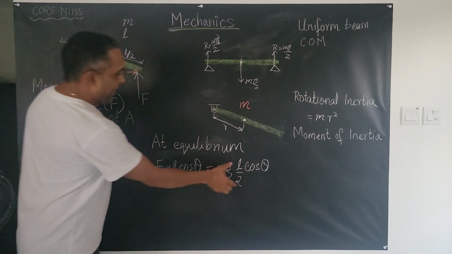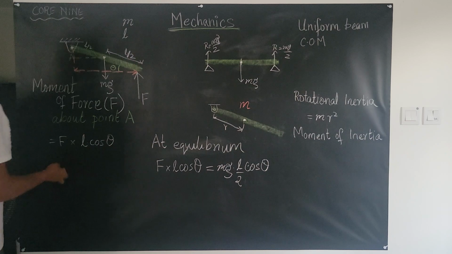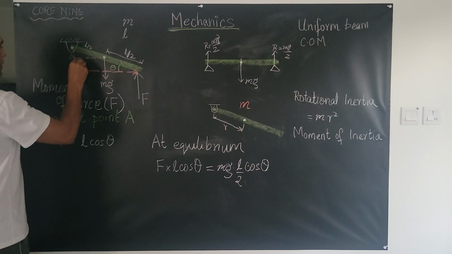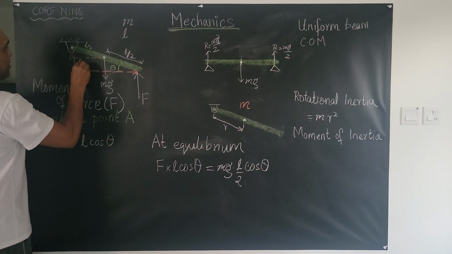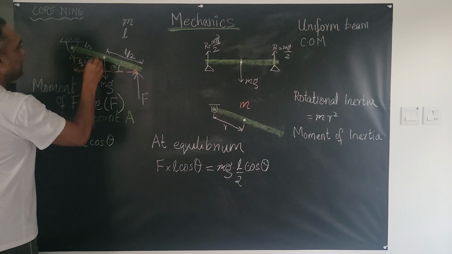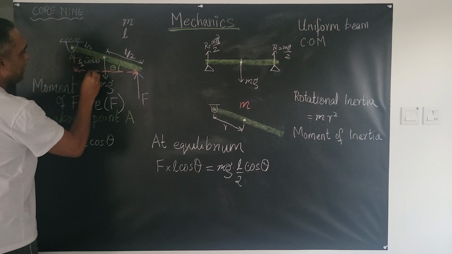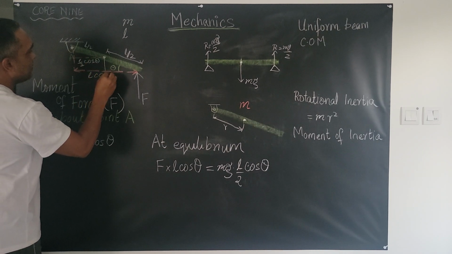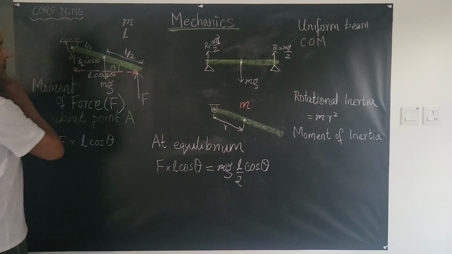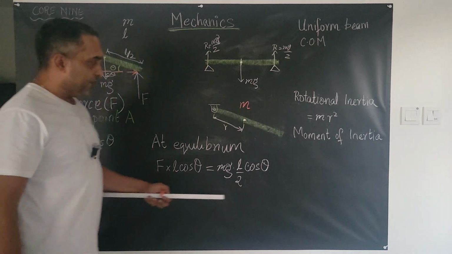So this L by 2 is just this linear distance. So this would be L by 2 cosine theta, and this lengthy area would be L cosine theta, right? Just so you get it. And at equilibrium, this happens.